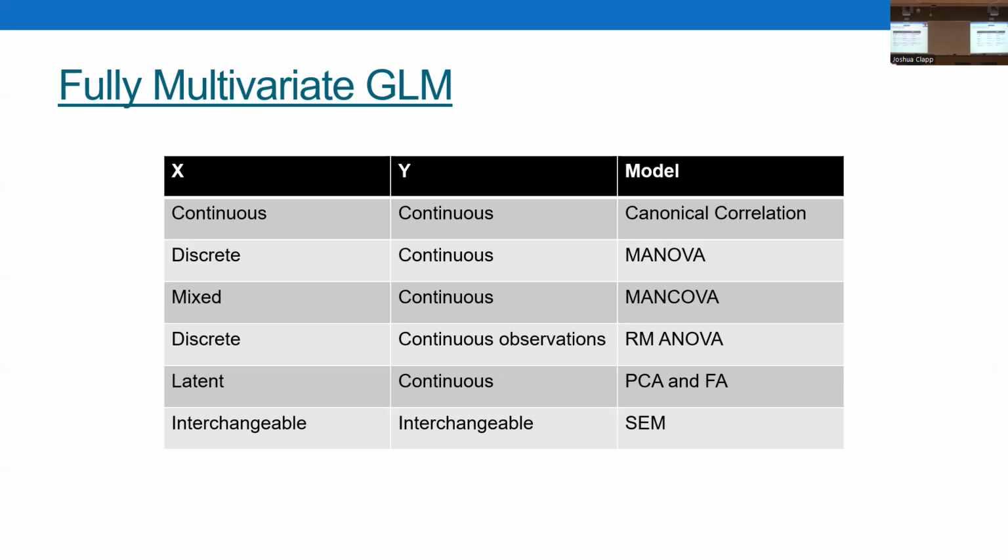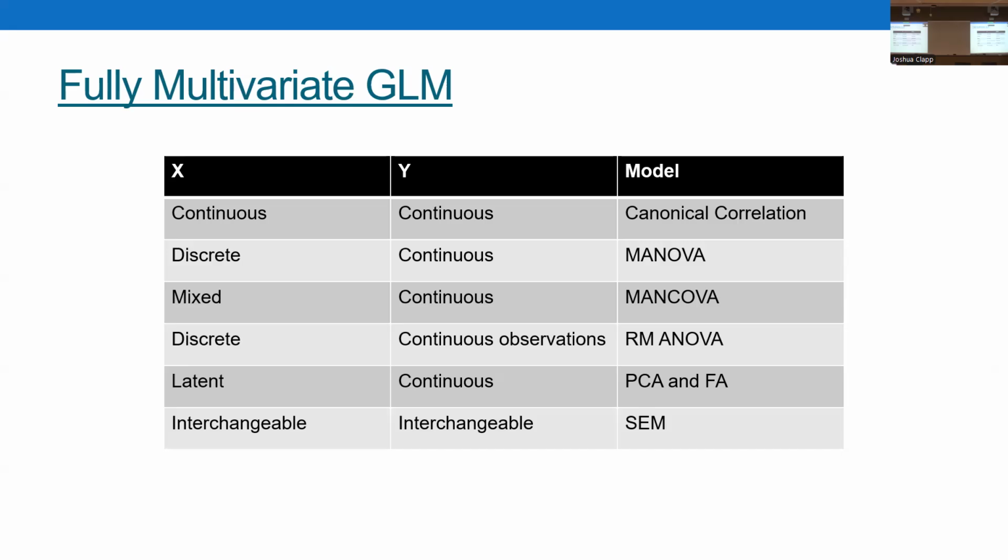SEM is probably the reason why, with the development of these models and access, at one point you could only run these if you had very specific coding skills, like lavaan-type programming.